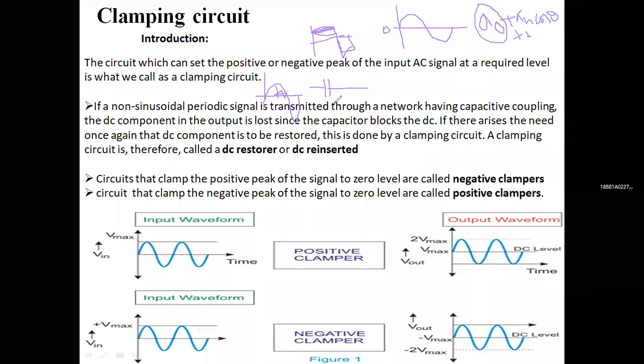So the high impedance for the DC component means it will be blocked at the input terminal. At the output terminal we only get the AC component. Therefore the shape will be the same, but on analysis this A naught component goes to 0.